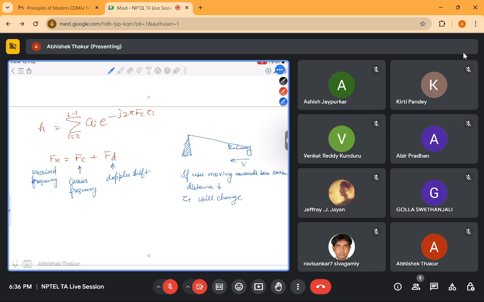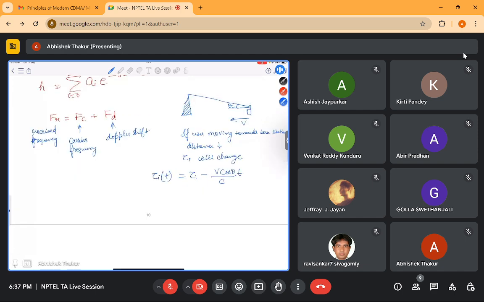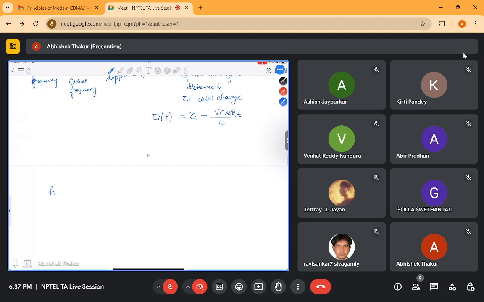So now what will be the equation of tau_i, the equation of delay with respect to time? So this will be tau_i minus v cos theta by c into t. So now we will substitute this in the equation of the fading coefficient. So we will get h is equal to the summation of a_i e to the power of minus j 2 pi fc (tau_i minus v cos theta t divided by c).